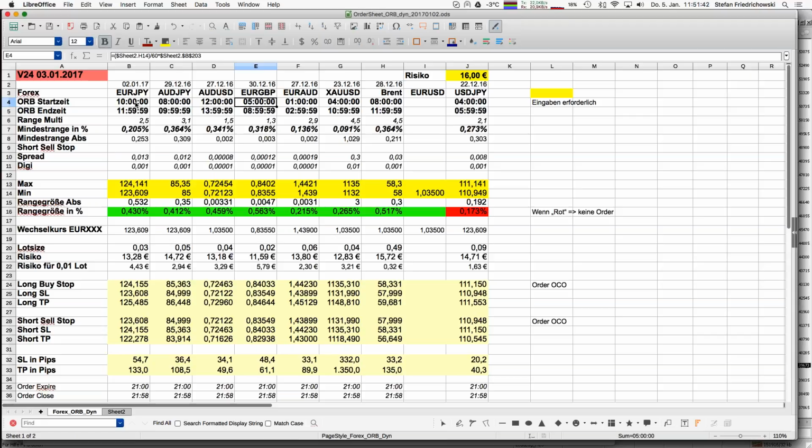And that they change is good, because that adapts the nearer future of history to the real future, and therefore the strategy itself changes. It changes the range times, and it changes the range multipliers and the minimum ranges, for example. So if the market changes, the strategy will change as well.